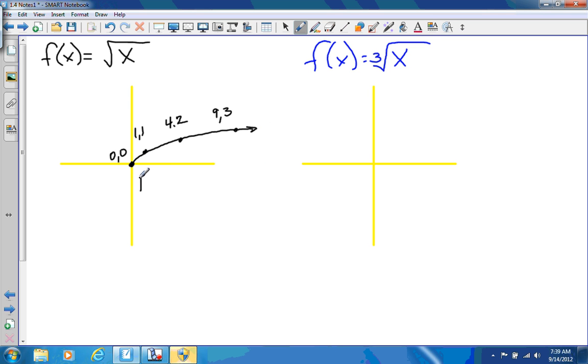Now, for the first time today, our domain is not all reals. It is going to be all greater than or equal to 0. And the range will be the same thing. And seeing as there are no coordinates on this side of our graph, it is neither odd nor even.